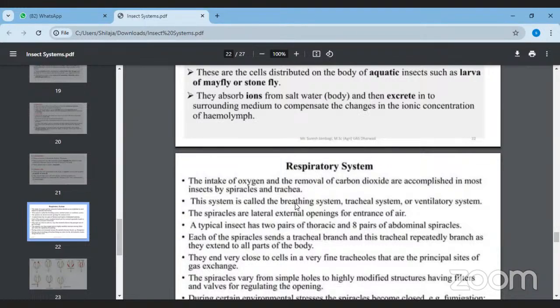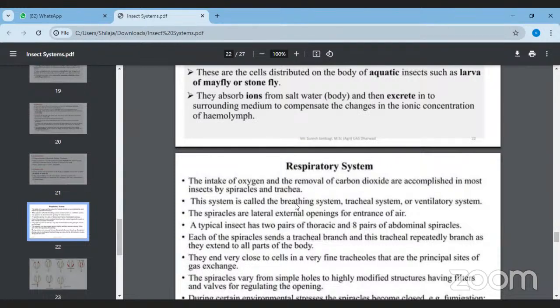The spiracles, closing and opening, help in gaseous exchange taking place directly from the environment via the integument. So we'll describe it like that.